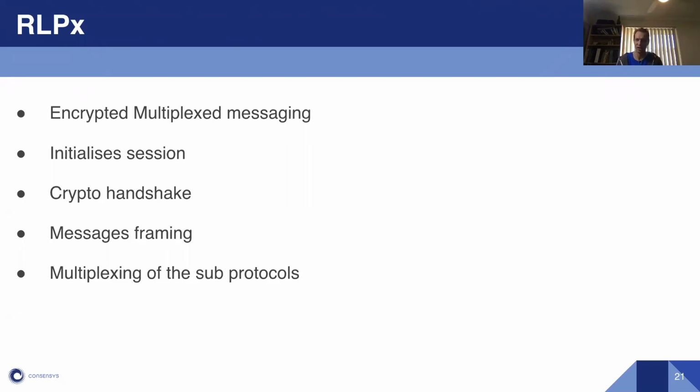To start with, which protocol it is, such as the wire protocol, and after that, which sub-protocol it is, and then within the sub-protocol, which type of message it is. The key thing that RLPx does is the session initialization, in particular the crypto handshake work to be used within the session, and it provides that message framing work.